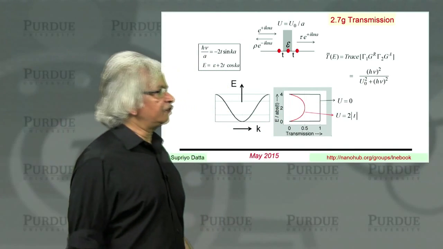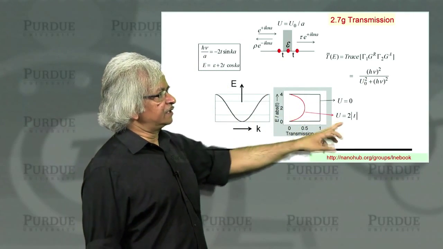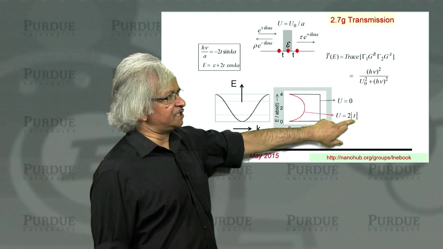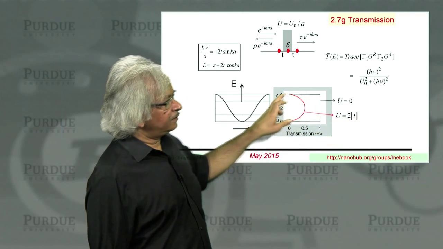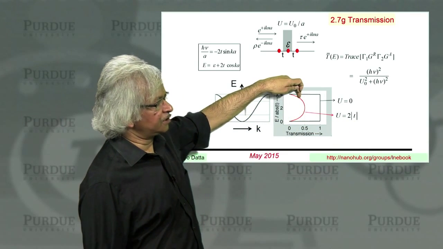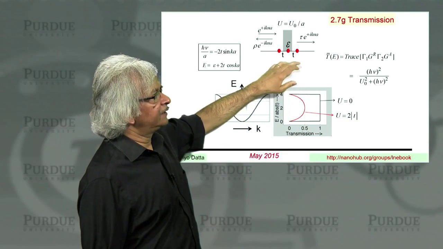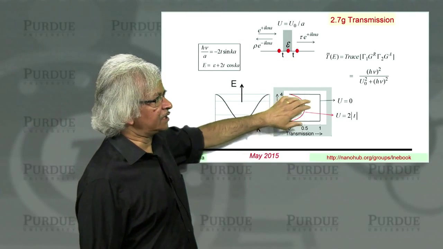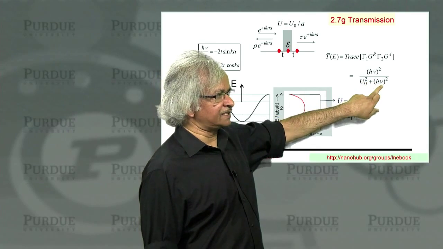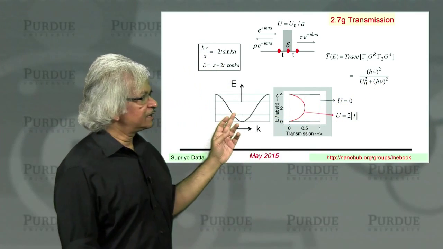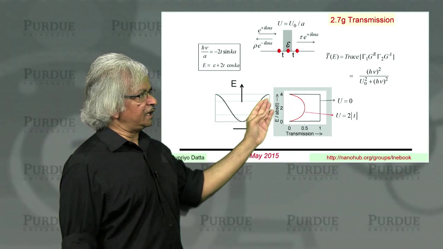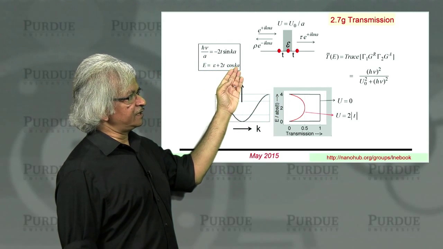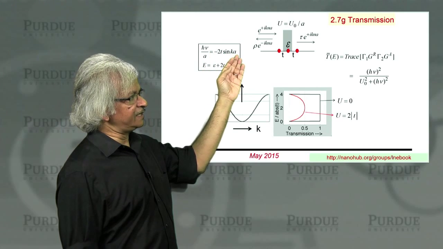On the other hand, if you put a U equal to 2t, then you can see the transmission goes down, and it goes down by different amounts at different points. Why? Because how much it goes down depends on the velocity. The velocity varies along the E-k plot, because the energy is epsilon plus 2t cosine ka, so the velocity goes as sine ka.